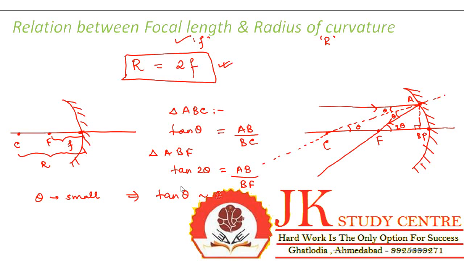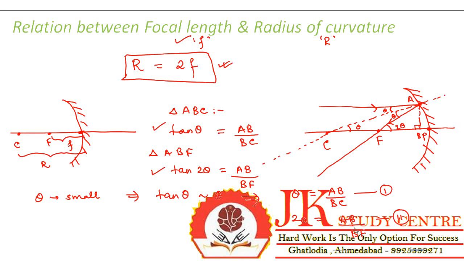For that you can refer to your mathematics videos. So using that, these two expressions become theta is equal to AB by BC, which is my first equation, and 2 theta is equal to AB by BF, which is my second equation.